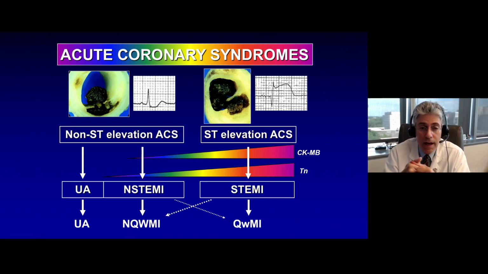Below that, I show how we integrate the biomarkers. I show both CKMB and troponin with that rainbow triangle. If the patient has an elevation of a cardiac biomarker of necrosis, now typically troponin and more typically high sensitivity troponin, then the patient would be deemed to have had a non-ST elevation myocardial infarction.